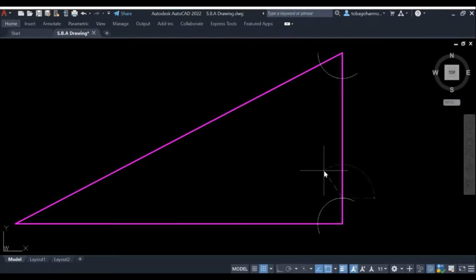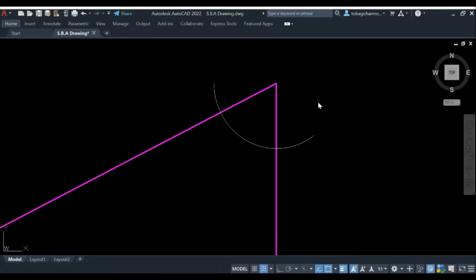Now we bisect the angles. We bisect the angles just as we did on the previous triangle, and just as we did in all previous videos where we had to bisect angles. Okay, there we go.